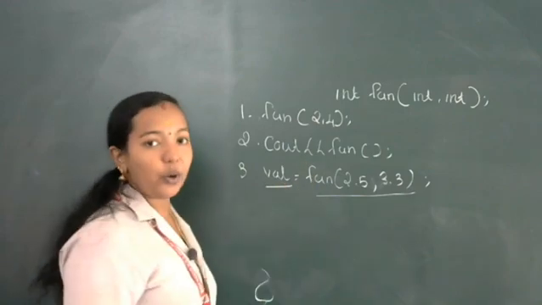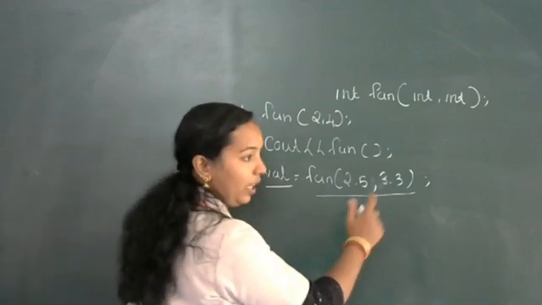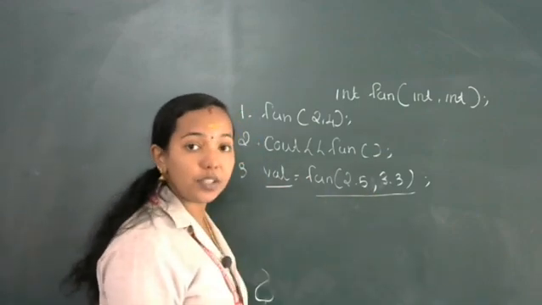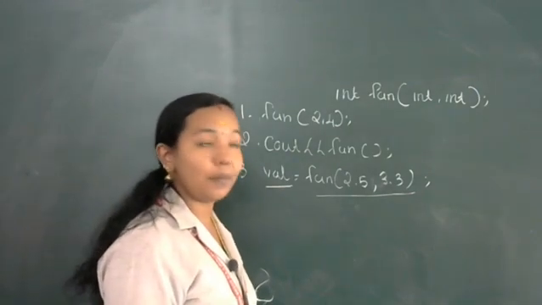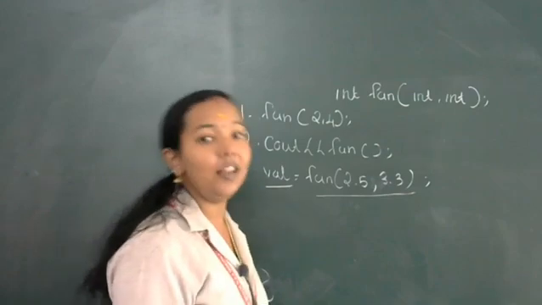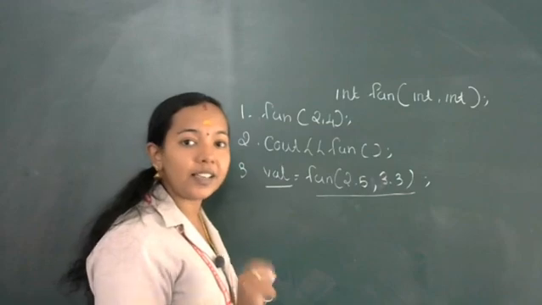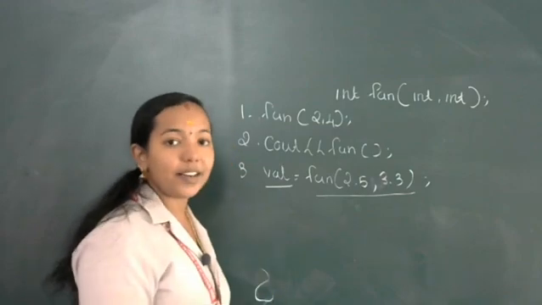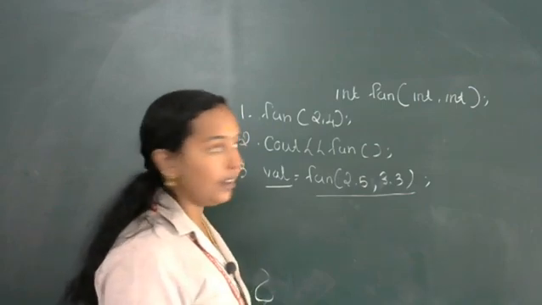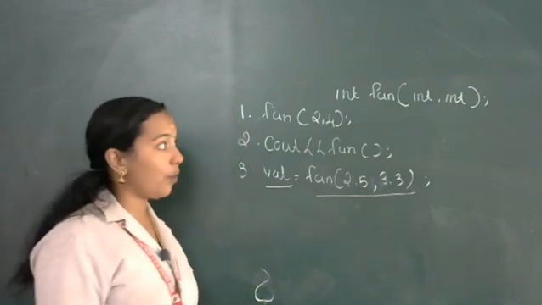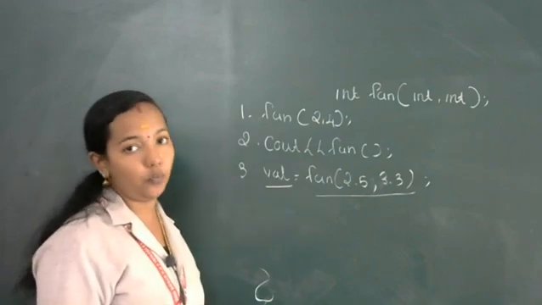Because in the function prototype we are using integer variables, but in this function call, instead of integer variables we are using fractional values. So the data types are not similar for actual and formal arguments. The formal argument is integer, but the actual argument is float. So both the data types are different, so the function call will not work. Clear? The data types are different for actual and formal arguments.